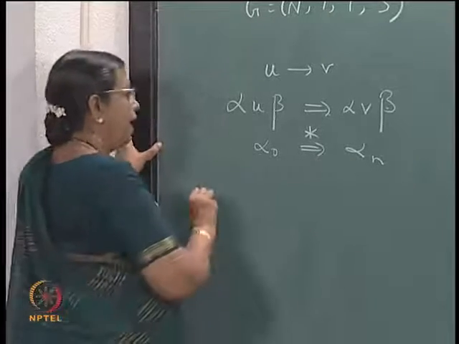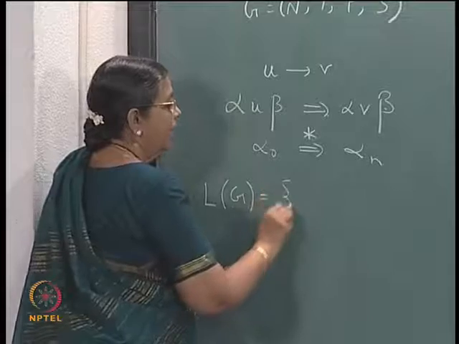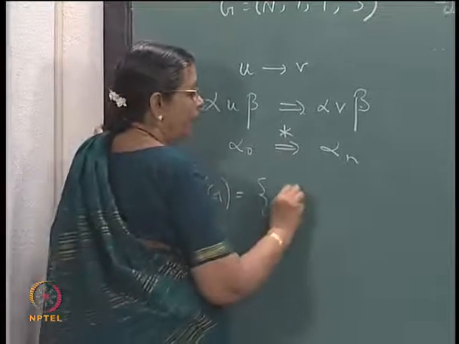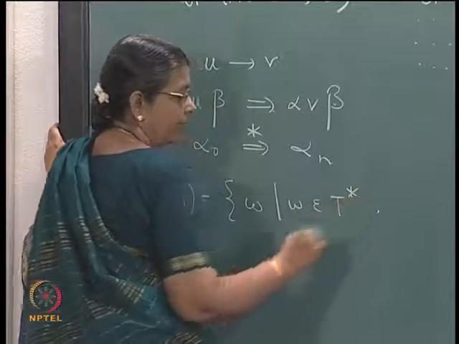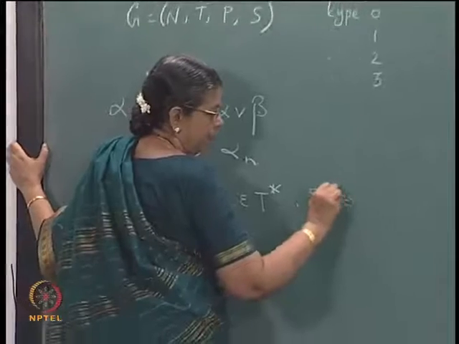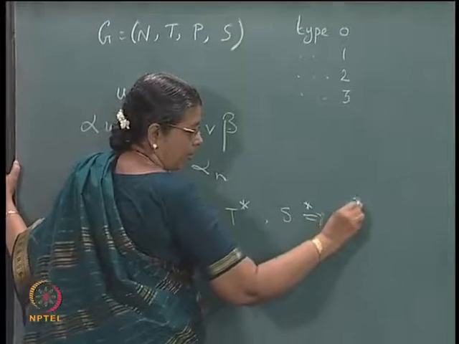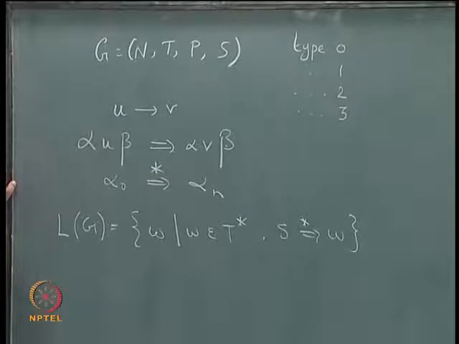The language generated by the grammar is denoted by L(G), and it is given by the set of W, where W belongs to T star. It is the set of terminal strings derivable from the start symbol. This is the way the language generated by the grammar is defined.